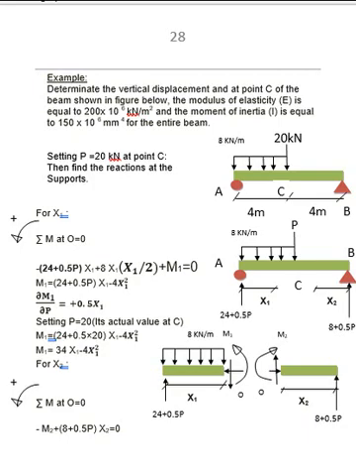For x2, with the same procedure, we will take moment at point O. The support reaction at B is 8 plus 0.5 P, times the distance x2, positive, and the moment M2 counterclockwise will be negative as shown in the equation, equal to 0.